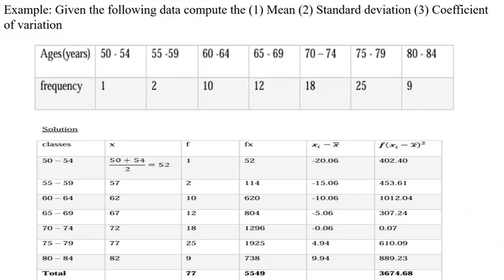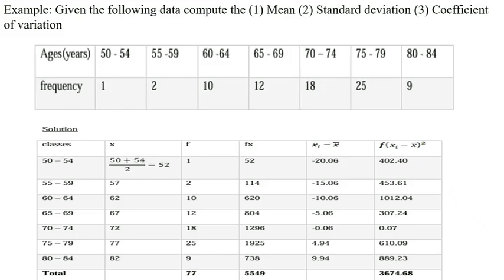Therefore, our x bar will now be summation fi xi, which is our fx, all over summation f, which is 5549 divided by 77. So here our x bar is 72.0649.